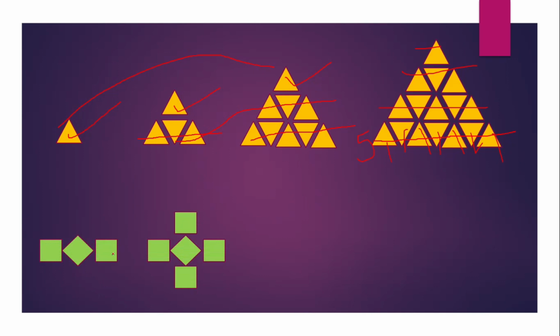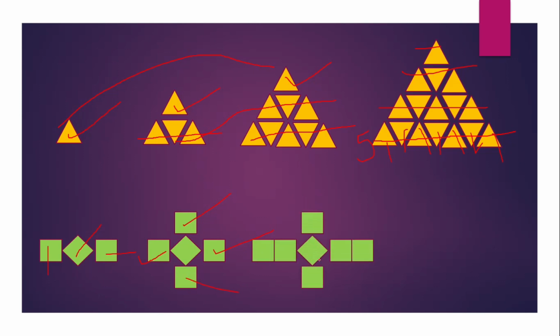Now moving on to the next one. Here you have a square put in a tilted way, and then a square at the right and one square at the left are joined. Now in the next one you can see carefully that these 2 squares are already here, but now we added 1 square at the top and 1 square at the bottom.